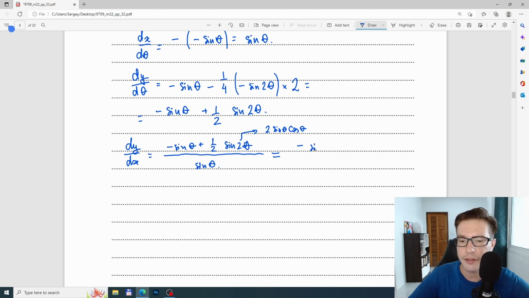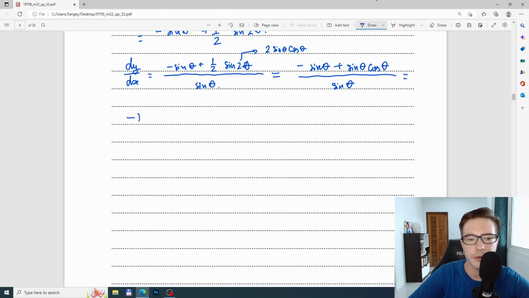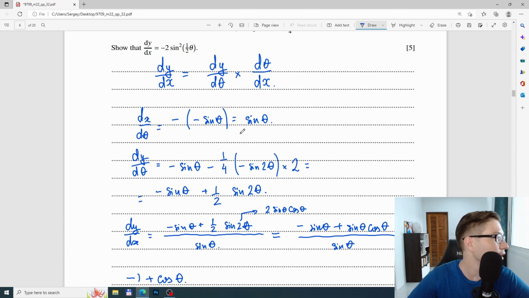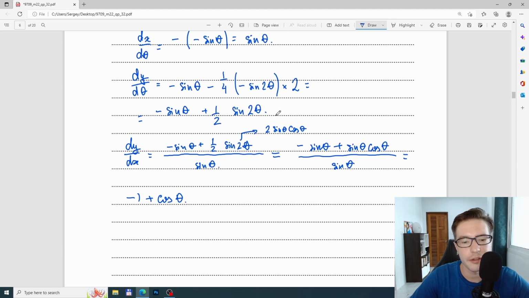And we'll get minus sine theta plus a half times 2 is 1, so it's just sine theta cos theta over sine theta. And that means sine will cancel out, and we'll get minus 1 plus cosine theta, which is again not what we're asking for. Our answer should be in terms of sine and in terms of theta over 2.